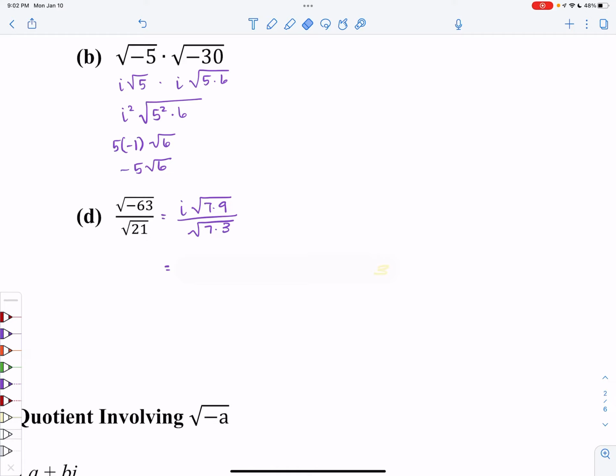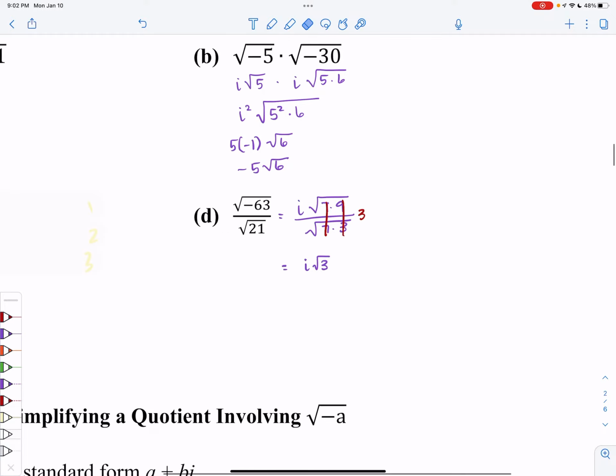Remember that rule number 2 says that you can divide insides and insides. So in dividing, we know that 7 divided by 7 is 1, and 9 divided by 3 is 3. Now, notice that these were on the inside, so that means my 3 is going to stay on the inside. The i continues to be on the outside, but that square root of 3, that 3 stays on the inside.